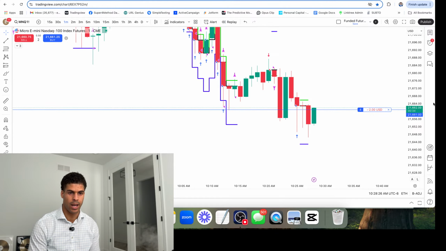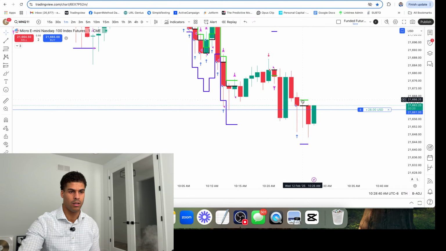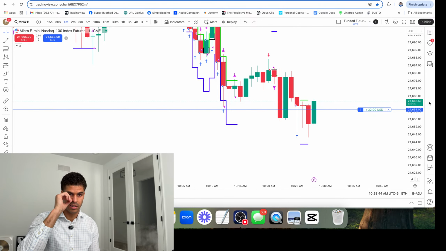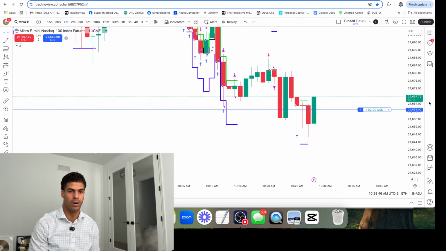Okay, so there's the green candle I was hoping for. We have to get above some of these levels here. We have to move at least a couple points. We need price to get to that green line up here. If we get to that 66 level, then we should be fine. Close. There we go. Now we're activated.